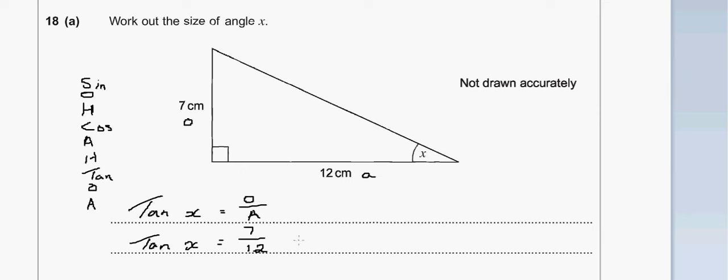And that's going to equal, so on your calculator you can now put this in. 7 divided by 12 gives me 0.58, and then we just get 3 recurring, 3, 3, and so on. Now I would just go to 3 decimal places.